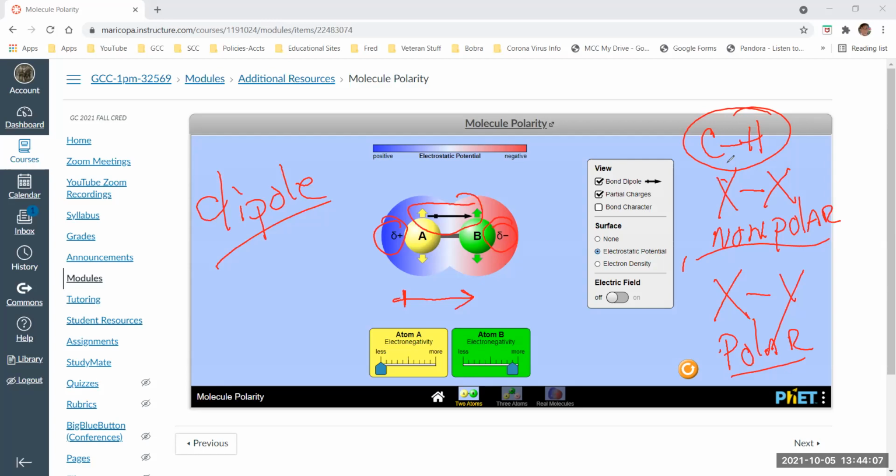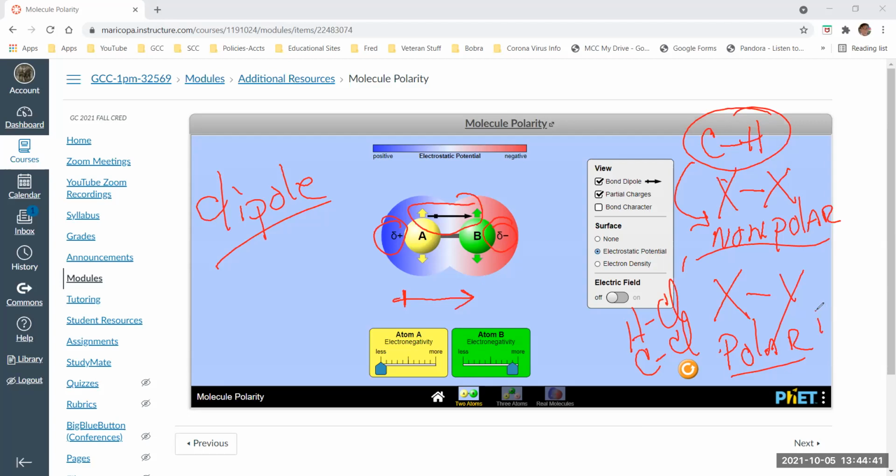The electronegativity of carbon and hydrogen is so close to each other that they're basically nonpolar, okay? That's the only exception. And so if you see anything like HCl, hydrogen chloride, polar, right? Anything else? If there's a carbon-chlorine bond, polar. Automatically, that helps you determine whether it's a polar bond or a nonpolar bond.